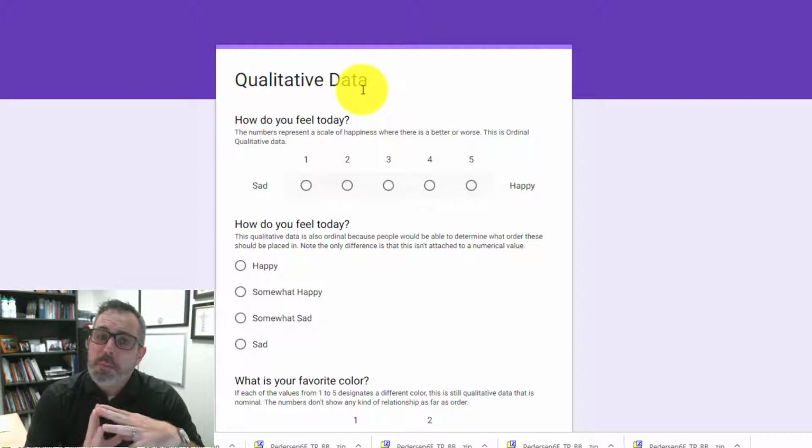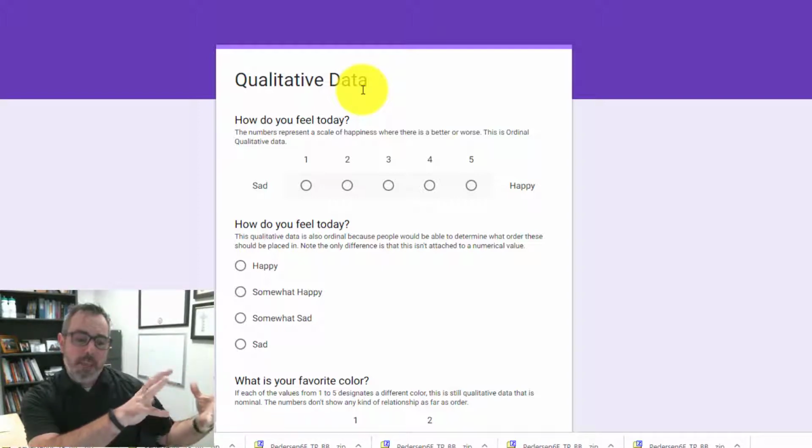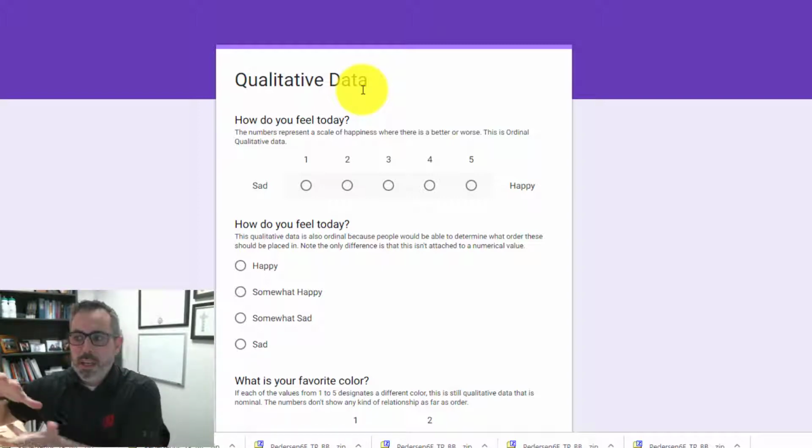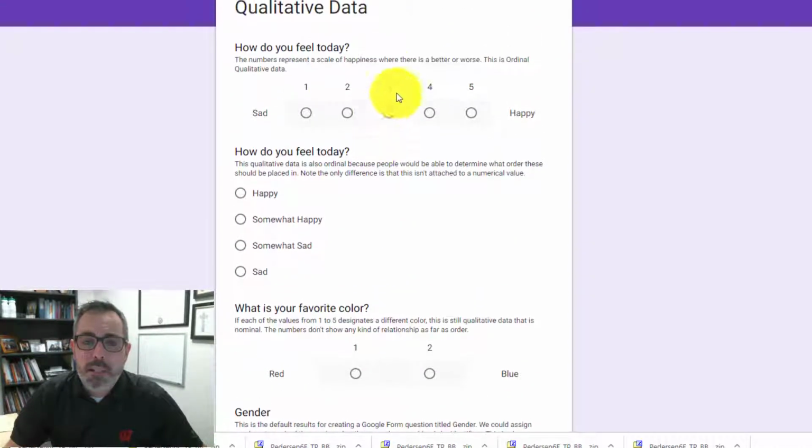But a lot of times, because of the ways that computers think, we take data and end up codifying it, or putting numerical values attached to it. And those values are usually just to identify things. For example, many times when you're taking a survey, when it says, how do you feel today, you answer on a scale, for example, 1 to 5.